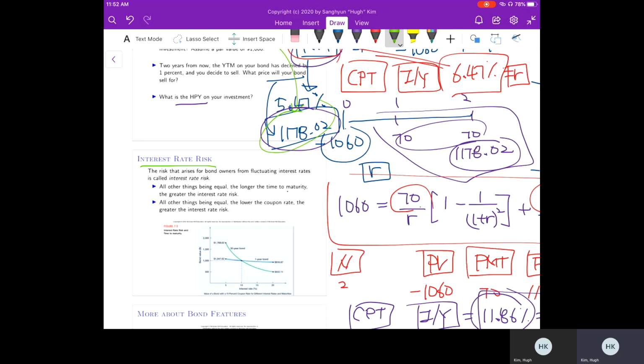So here we're looking at a 1-year bond and a 30-year bond. So bond prices and interest rates are inversely related. For the 30-year bond, long-term bonds are more sensitive. The prices are more sensitive to changes in interest rates. And short-term bonds are less sensitive, as you can see here.